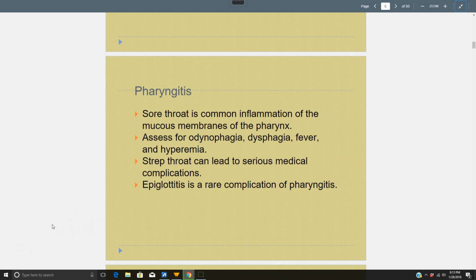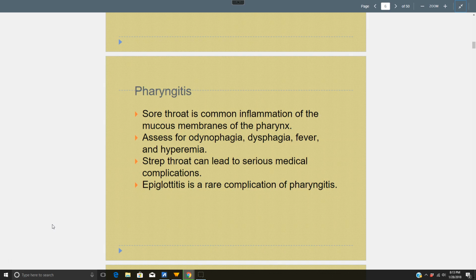Along with strep, these patients also are very, very sick. Odynophagia, dysphagia, fever, and hyperemia. They're going to have a lot of pain on swallowing, difficulty swallowing, and they may also have fever.